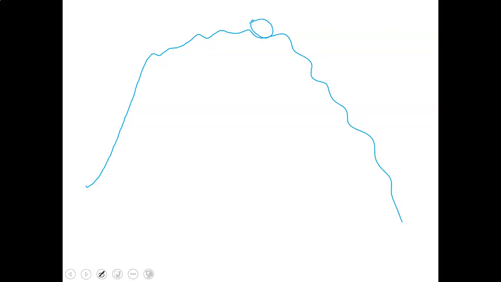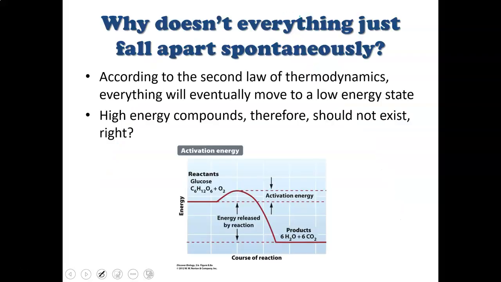So in order to get down, you've got to give it a little bit of push to get over before it falls down. Okay? That little push that you have to give it right there is called the activation energy of a chemical reaction. So high energy molecules can still exist as long as they don't get pushed off the cliff.